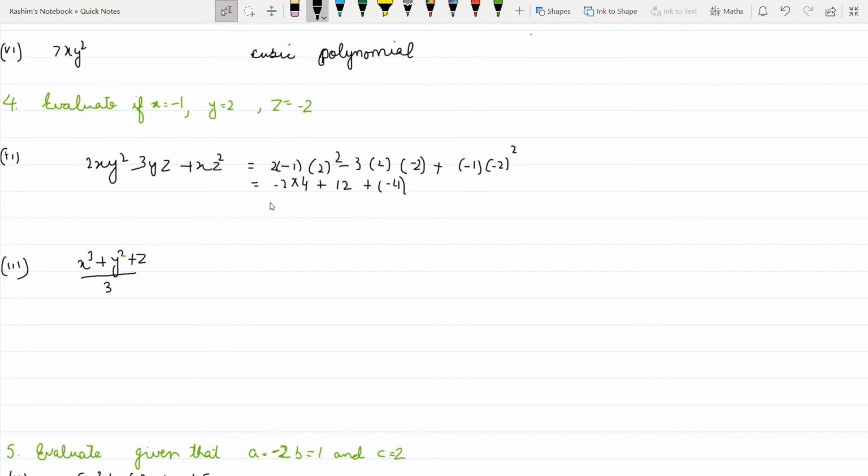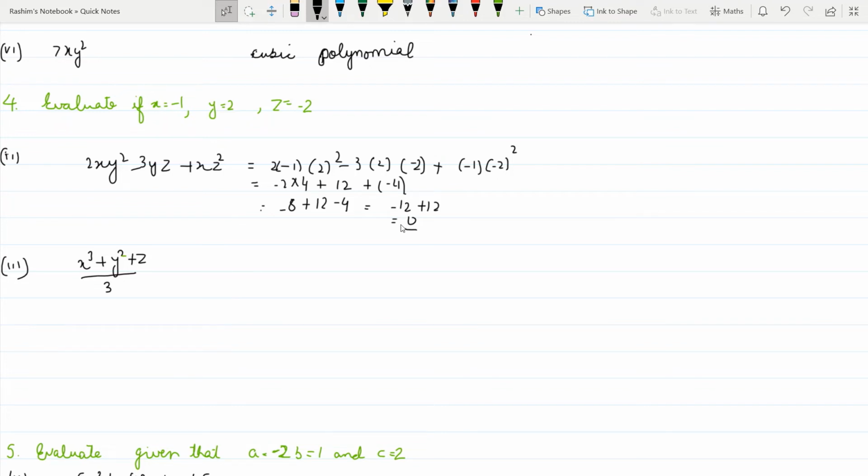Now here we will get -8 plus 12 minus 4. So this is equal to -12 plus 12, because -8 and -4 is -12. So we get 0 as the answer.